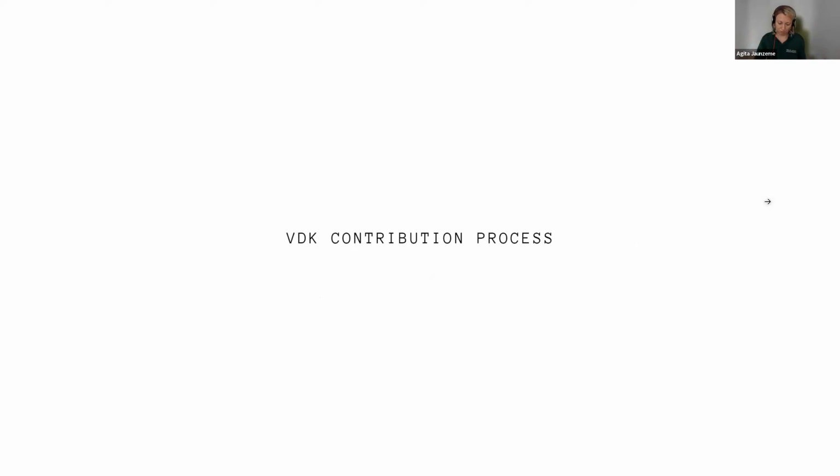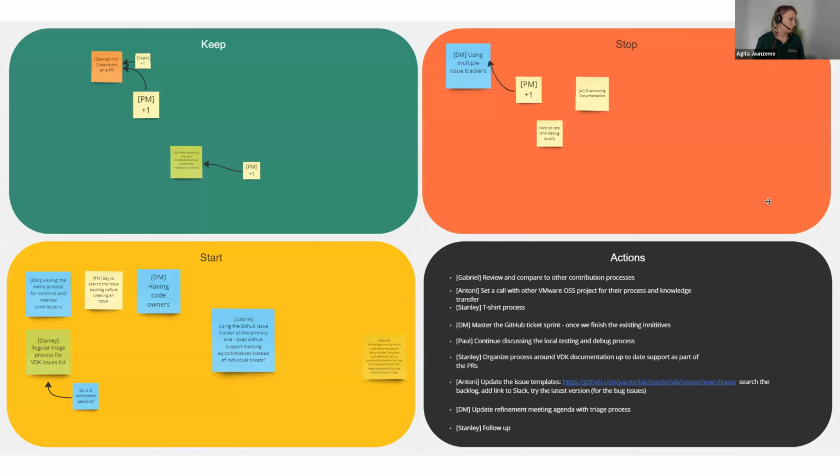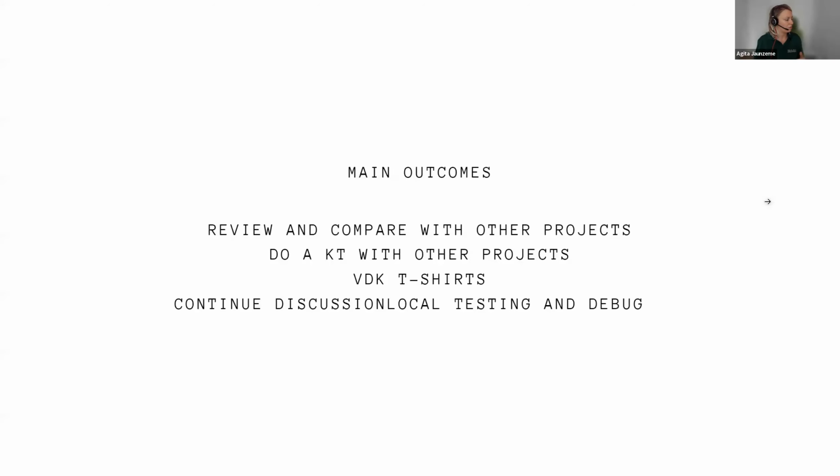The first brainstorming session was on the contribution process. It went like this: what we should keep doing, stop doing, and start doing, and then we had some action items. The main outcome is to review and compare with other projects and what they're doing, check for best practices, and do a knowledge transfer with other internal projects that we know.